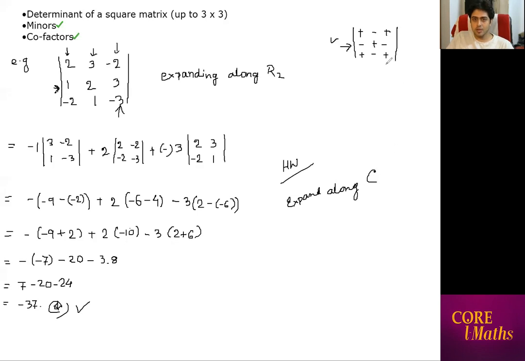I'm giving you the hint: you have to follow this sign rule. You start with this, then take this, then take this. Along column 3, expand and check what value is coming, whether it is the same as minus 37 or not.